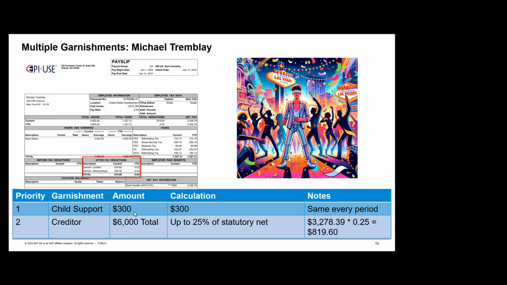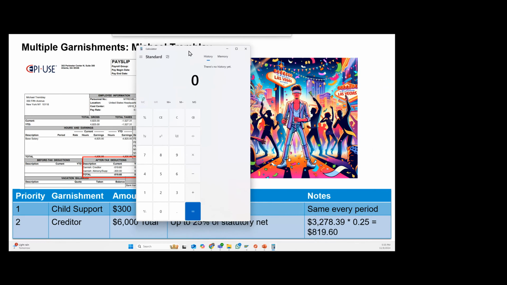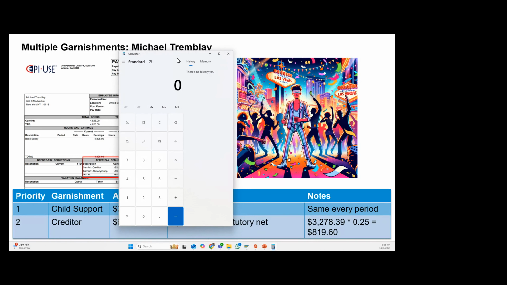And so the calculation we have is the child support is $300 every period. And then for the creditor, this is obviously customizable because with SAP you can do anything. This calculation is going to be up to 25% of statutory net. Just to do the quick math here, you've got it shown over here.